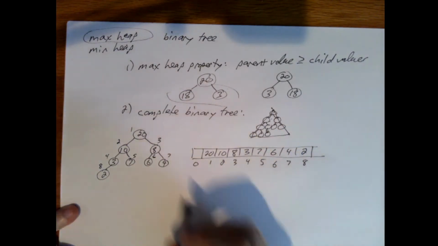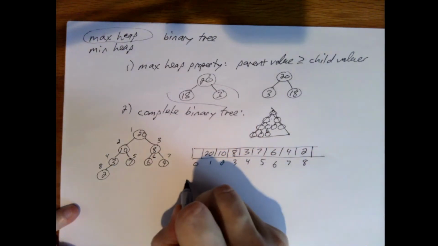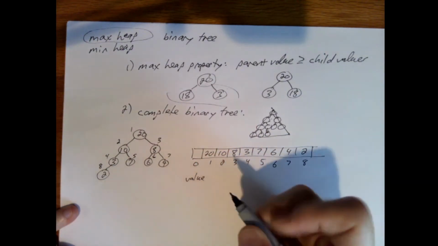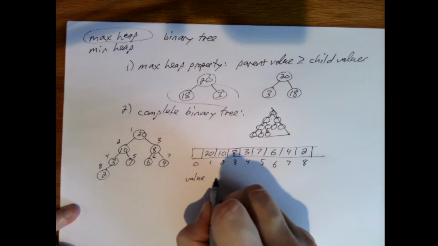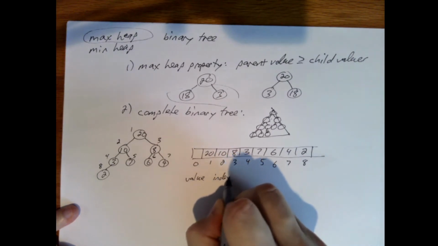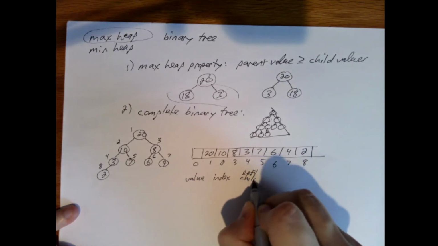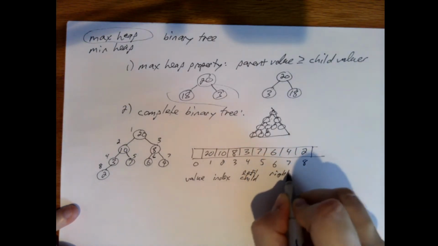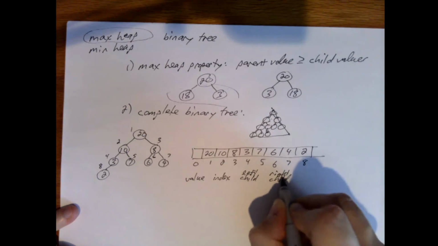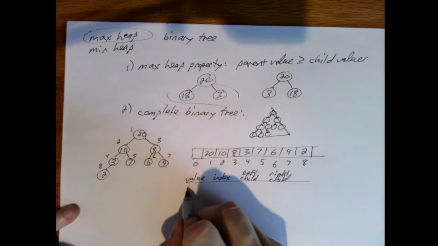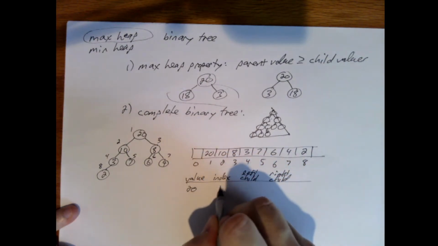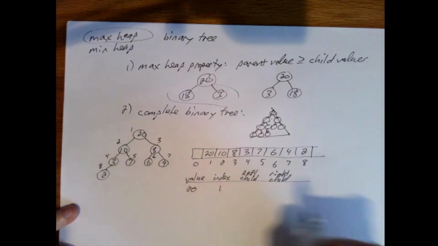So I'm going to write the value, its index, left child, right child, to make it more clear what we're talking about. For 20, that has an index of 1. What's its left child?